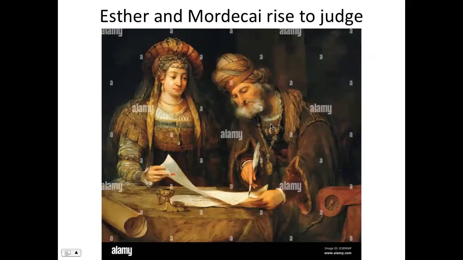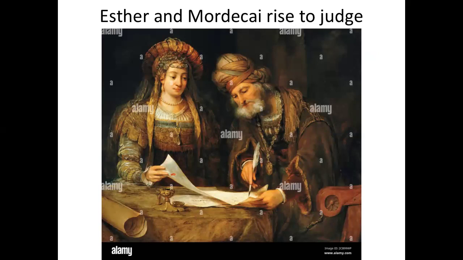So let's get into this part right here where Esther and Mordecai rise to judge. The reason I titled it that way is to bring out the idea that, remember, after 3 days she puts on her royal attire. Think about that. She puts on her royal attire after 3 days of fasting and having said, if I die, I die. And now she gets lifted up.